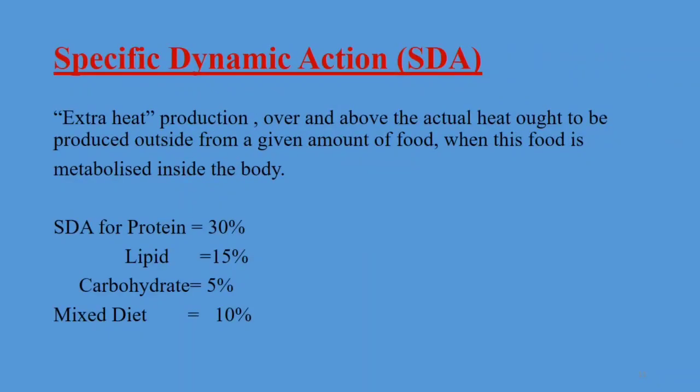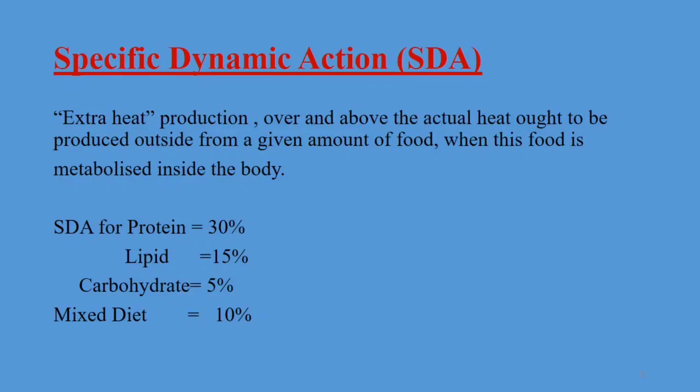Now, the second important factor to calculate the energy is specific dynamic action, SDA. What is SDA? It is the extra heat production by the body over and above the calculated calorie value when a given food is metabolized by the body. The other names for SDA are calorigenic action or thermogenic action.